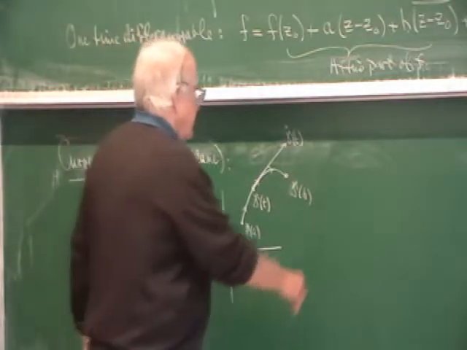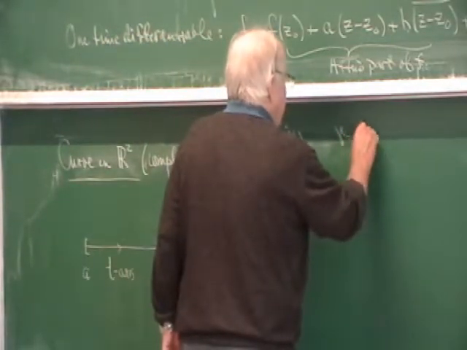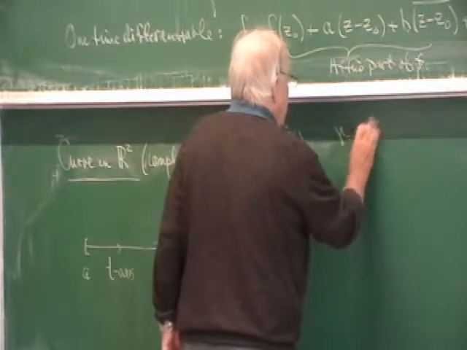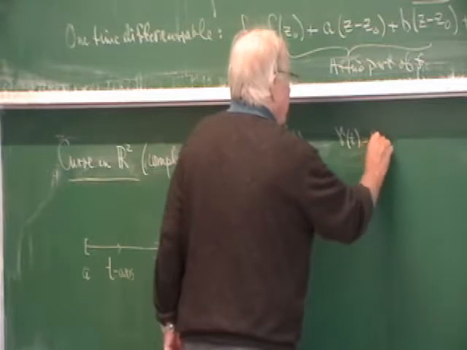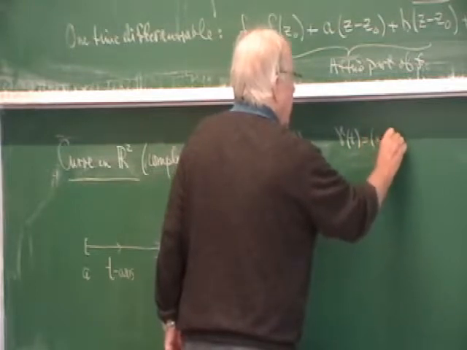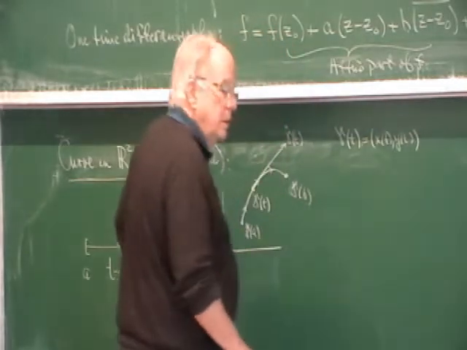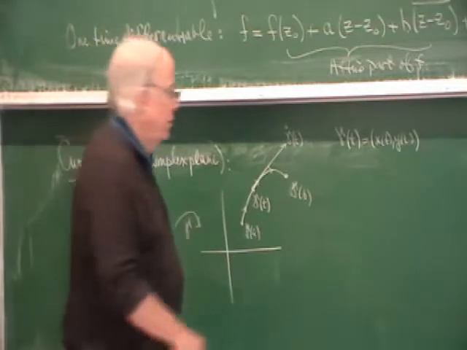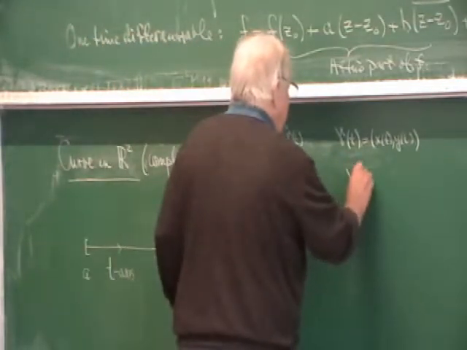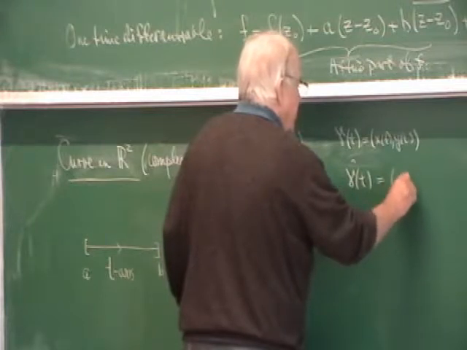and let's assume that gamma has two coordinates, gamma of t at time t is equal to x of t, y of t. And of course, gamma dot, the derivative, is what you think it is. So this is just the derivative of these two things.